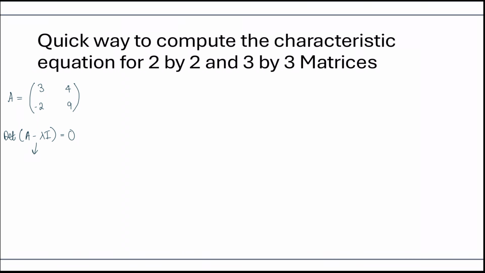So if we write this matrix, we get 3 minus lambda, 4 minus 2, 9 minus lambda. And that is simply because we are doing 3, 4 minus 2, 9 minus lambda 1, 0, 0, 1, which we can write as lambda 0, 0, lambda is equal to 0.